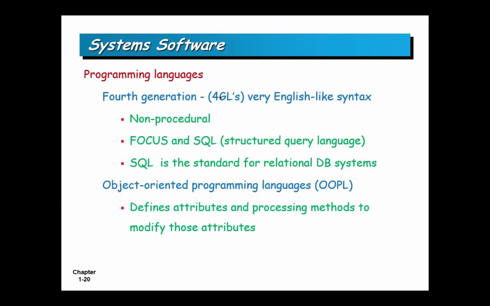Fourth generation languages, which is kind of where we are right now. Microsoft Access would qualify as a fourth generation language. It's not procedural, it's not transaction based. It feels very English-like. You can do a lot of programming simply by pointing and clicking, which is how we're going to learn how to program.